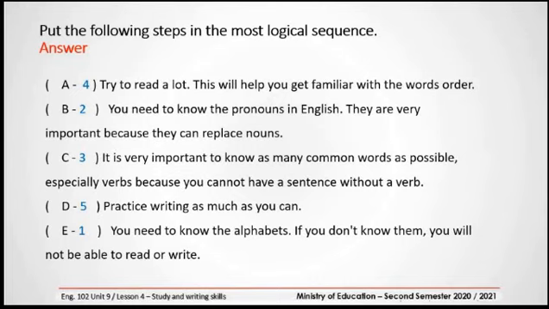Writing is the last step that you should do. After you have mastered the previous steps, you can't go to writing if you have problems with the alphabets, if you have problems with the most common words in English, if you have problems with the pronouns. You cannot do them if you don't master the previous steps.